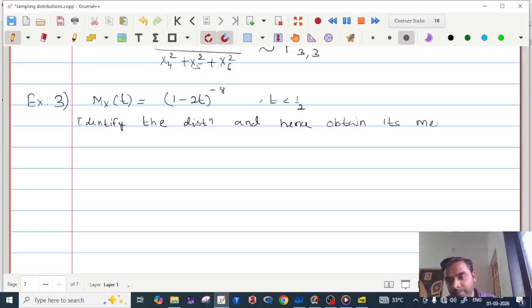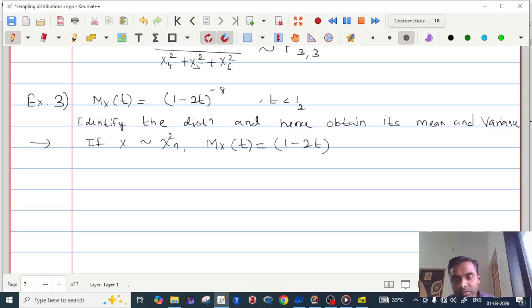Clearly you can compare this with the MGF of the chi-square distribution. If X follows chi-square with n degrees of freedom, its MGF is (1 minus 2t) raised to minus n upon 2. So compare with the given MGF.